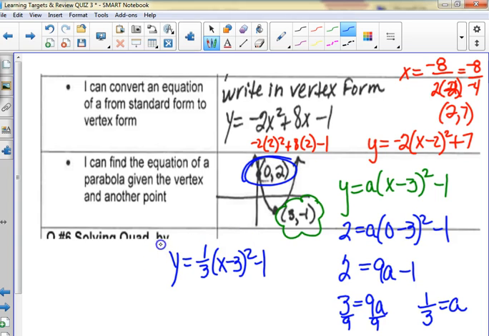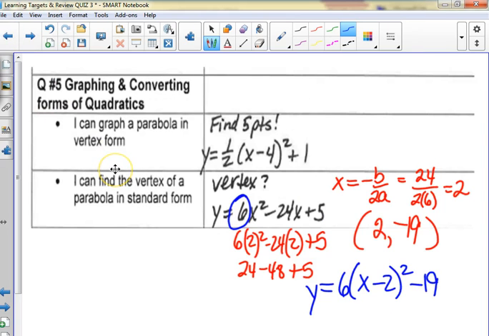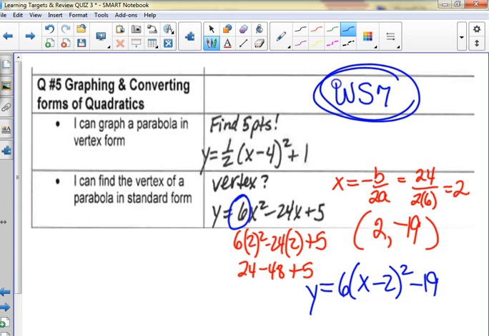For more practice on these concepts, for standard 5, Q5, I think all of this stuff is on worksheet 7. Does that sound right to you guys? And we only did part of worksheet 7. We only did like 8 or 9 problems. So if you want more practice, go back and do some more on worksheet 7.